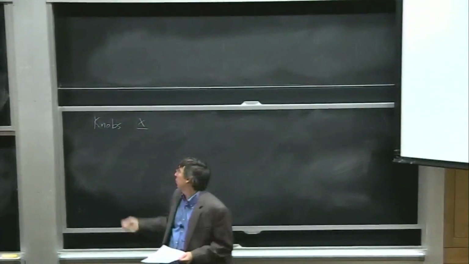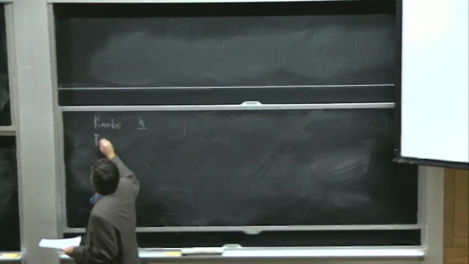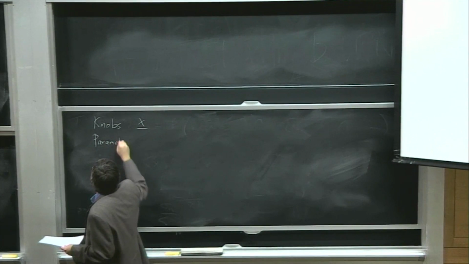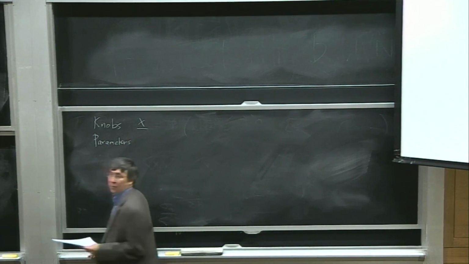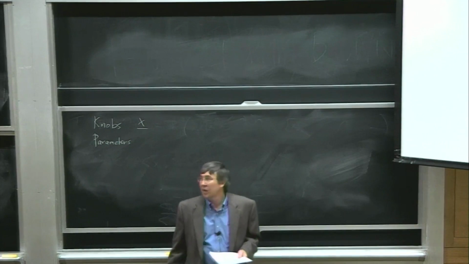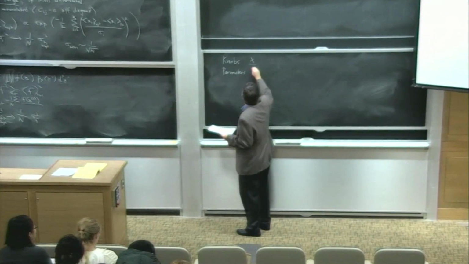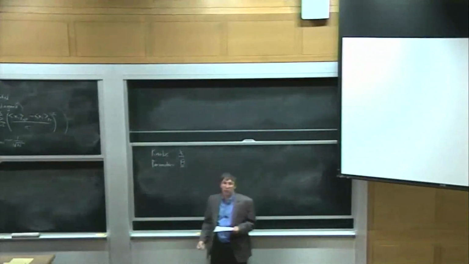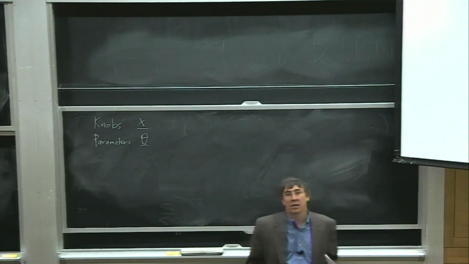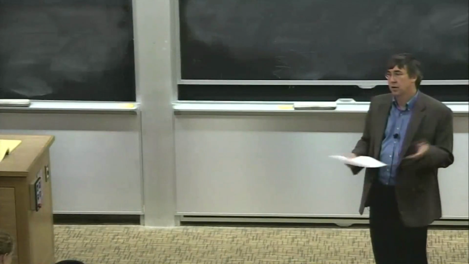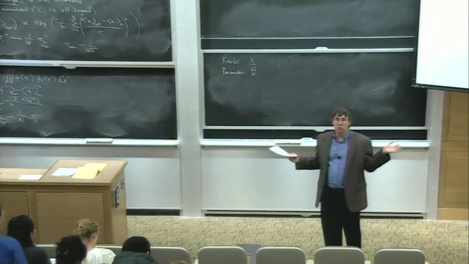And then we have parameters. And these are other things that affect the result of the experiment that we don't have control over. Okay, and I'm going to call those theta. So for example, if I do a kinetics experiment, it depends on the rate coefficients. I have no control of the rate coefficients.